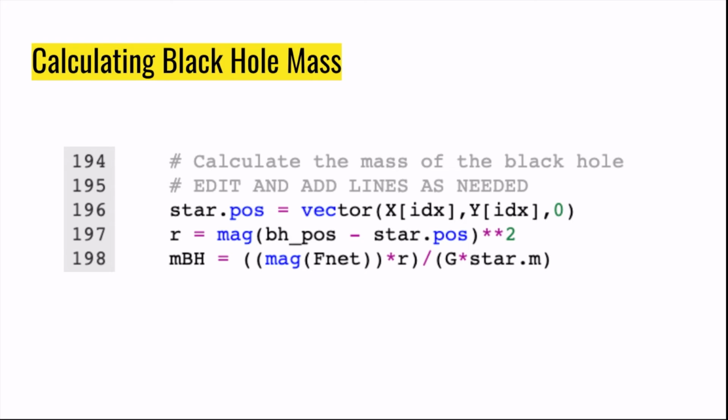The r value is equal to the magnitude of the position of the black hole subtracted from the position of the star. Once that is done, the mass of the black hole can be calculated. That is equal to the magnitude of the net force times the r value squared, all divided by the gravitational constant times the mass of the star.